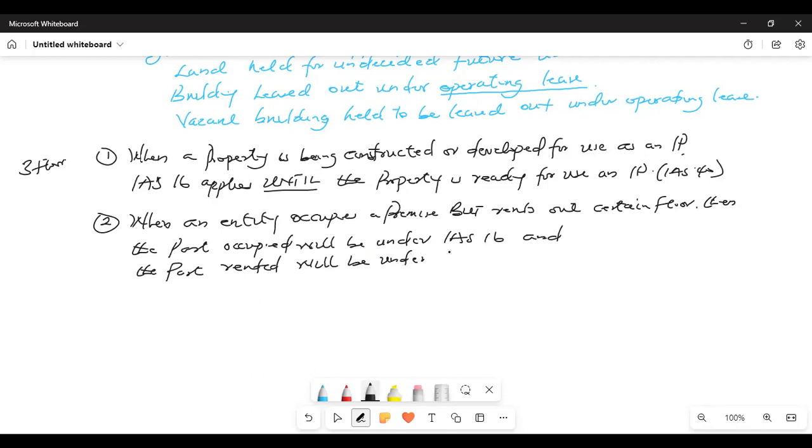So you separate them. IAS 40, so that is it. Take note of that.